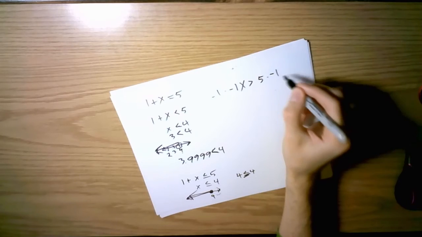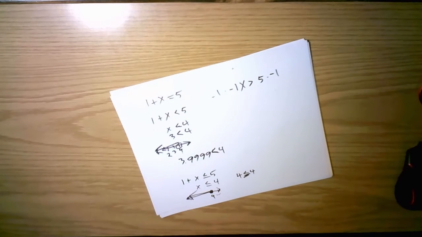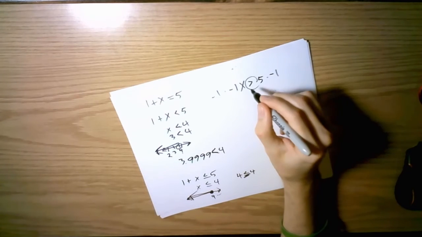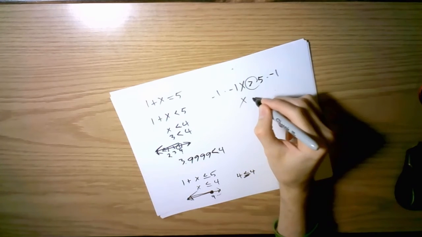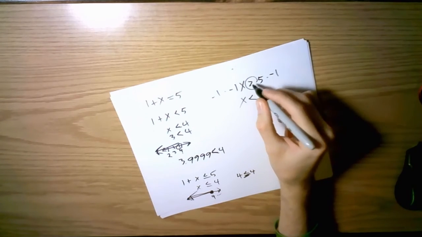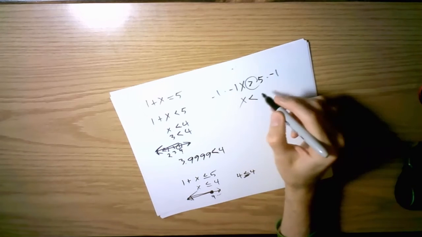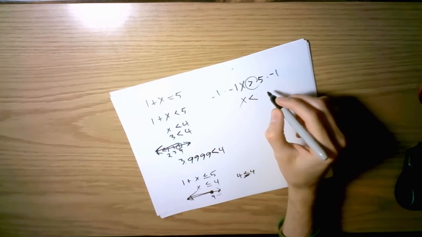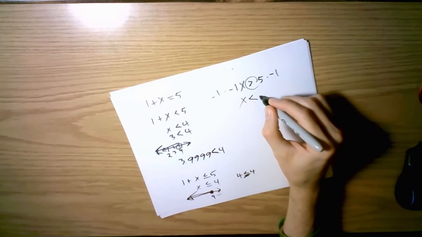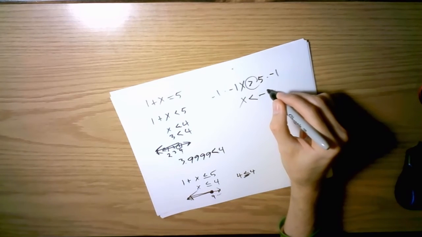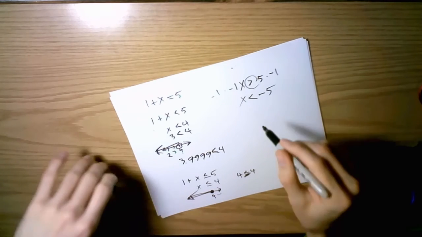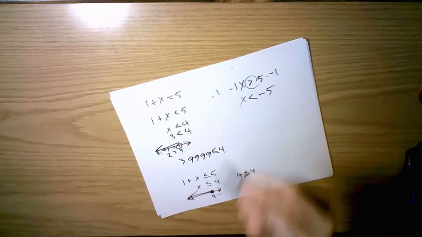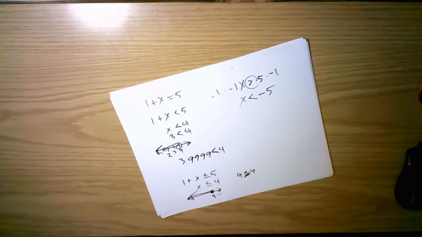The specific rule with inequalities is that when you multiply by a negative, you circle this and remember to flip it. Negative 1 times negative 1 is 1, so we'll just have x on this side. We flip the inequality because we multiplied by a negative. Or when you divide by a negative as well, you've got to flip it. Remember that. So x is less than negative 5. That's basically just a nuance. Remember to flip the inequality when you multiply or divide by a negative.